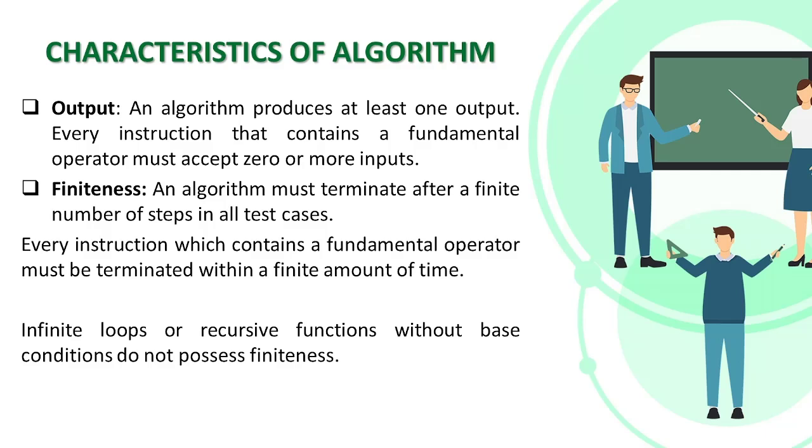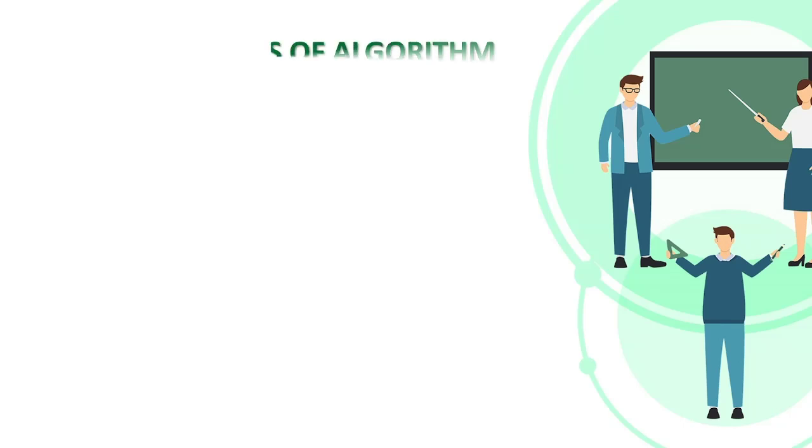Infinite loops or recursive functions without base conditions do not possess finiteness. That is the only exception. At our level, you might not be writing such loops, but when we'll be implementing loops, you'll see that there are times where you can write a loop and it runs until the memory of the machine is exhausted. But we don't talk about those kind of algorithms. Algorithm should execute and terminate.